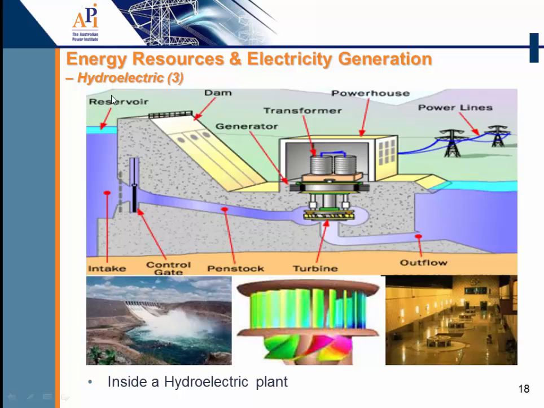For hydroelectric, we use the potential energy, and then turn it into mechanical energy by controlling the flow rate, and that will turn the turbine, which is a mechanical process, and using the generator, it converts mechanical energy into electricity.